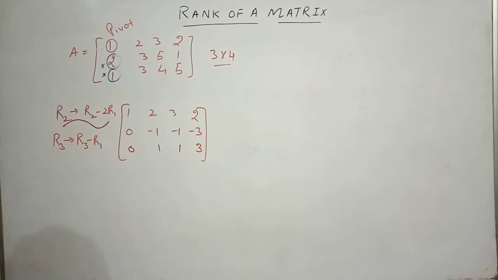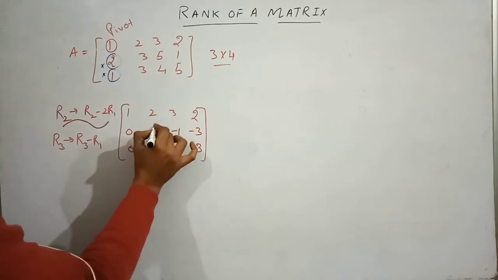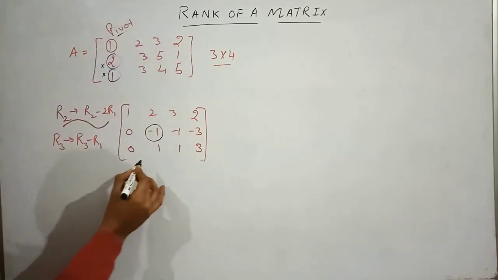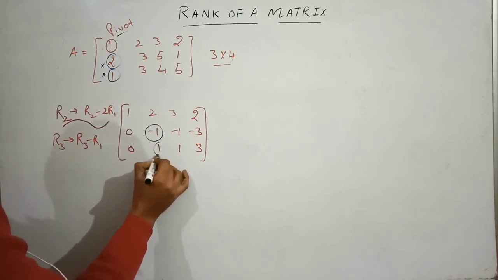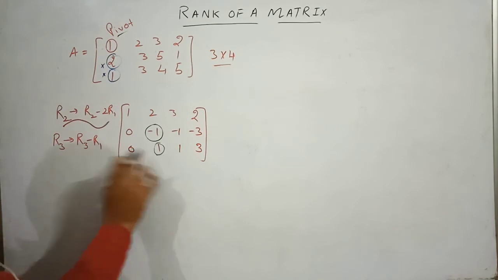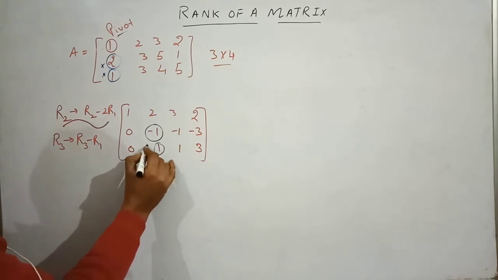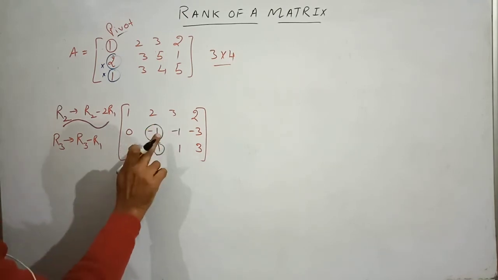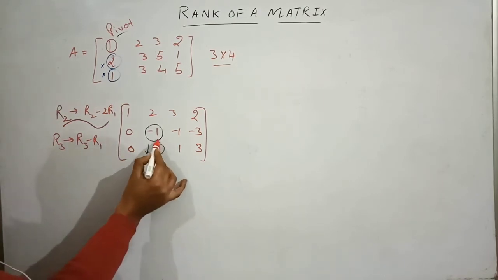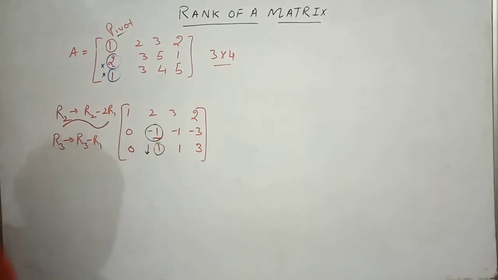Now take this element as pivot and make all the elements below minus 1 equal to 0.